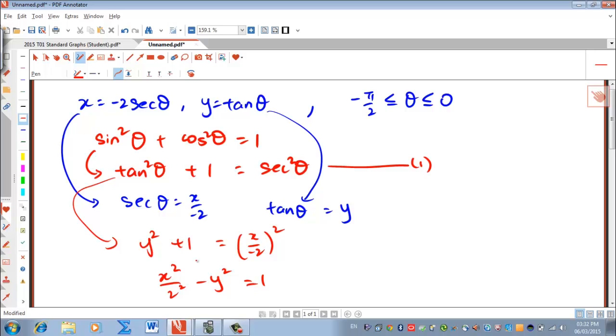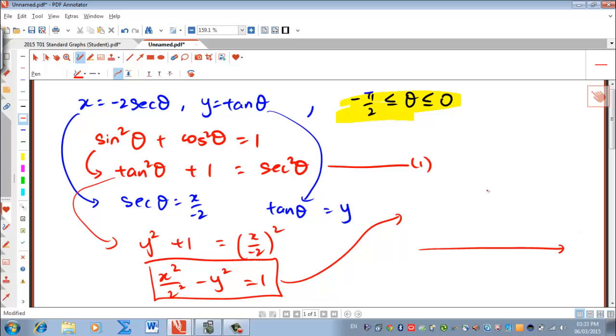This seems to be the Cartesian equation if we ignore the range of the parametric equation given over here. But the truth is we can't ignore the range of the parameter given. From our understanding of standard graphs, we know that this particular equation, in general, refers to a hyperbola graph.